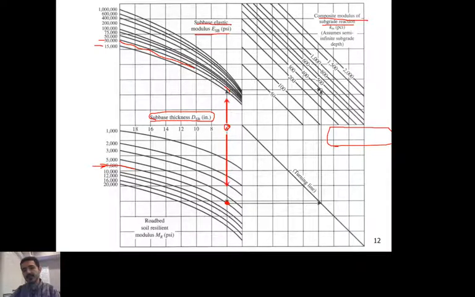I draw a line upward and downward, and then a horizontal line until these two lines match to get K infinity, which here is between 50 to 100, 200, 300. They met at this point, where the two lines intersected at the 400 line. Therefore, the K infinity is 400 PCI.